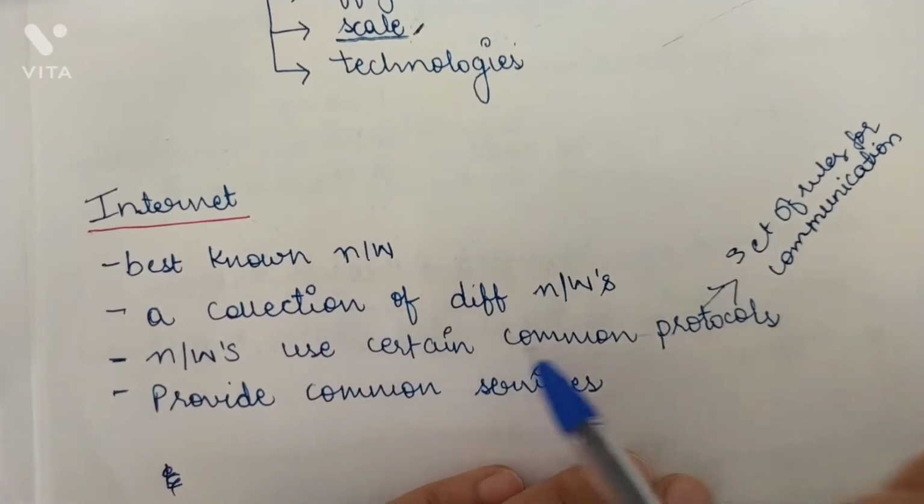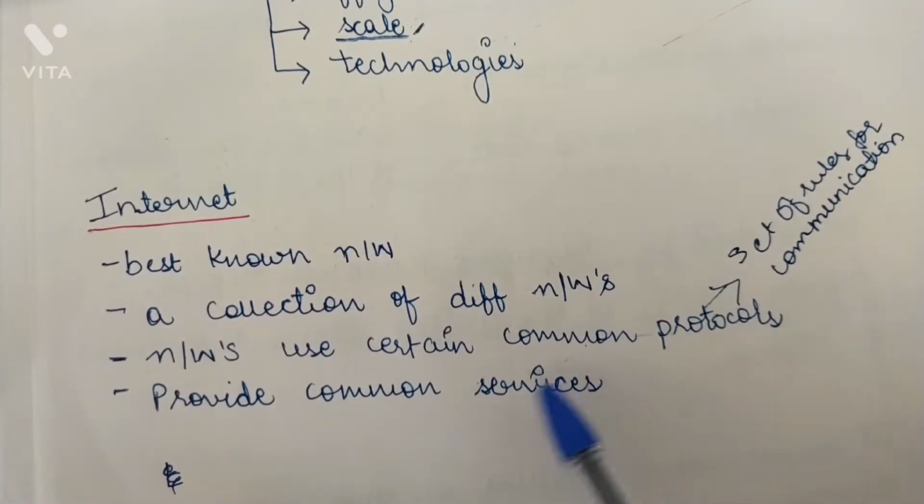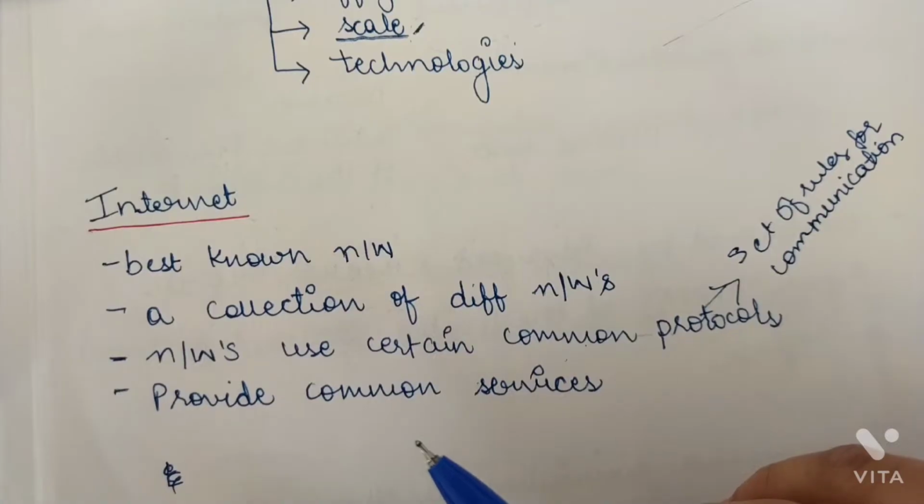Protocols decide the set of rules for communication, and you must have the same set of rules, only then can you communicate. So the networks use certain common protocols and provide common services. Common services include file transfers, email, video conferencing, voice calling, and web searching.